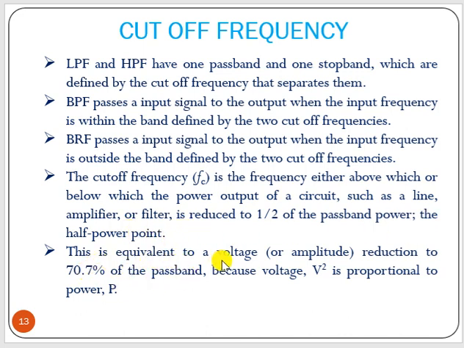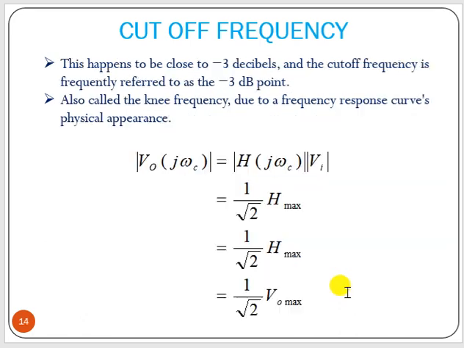This is equivalent to a voltage or amplitude reduction to 70.7% of the passband, because we have to go down by 1 by root 2, since V square is proportional to P. This happens to be close to the minus 3 decibel point, so the cutoff frequency is frequently referred to as the minus 3 dB point.